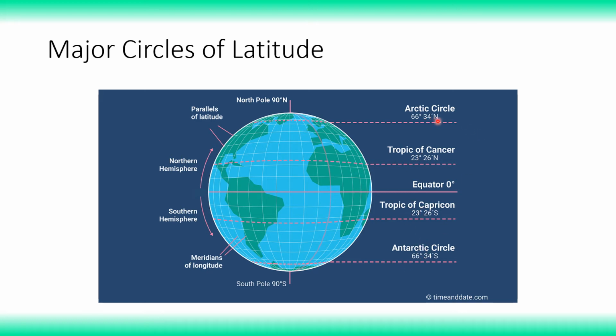Of course, the Arctic Circle is 66.5 degrees north of the equator, but the Antarctic Circle is 66.5 degrees south of the equator. So that's something to keep in mind. If that didn't make sense, don't worry about it too much. This is just an introduction to how these things work in case that's something you're interested in knowing.